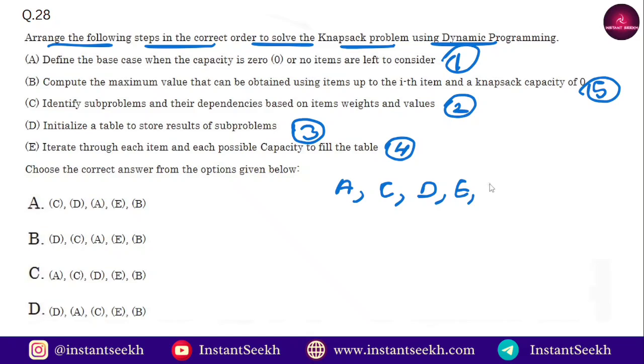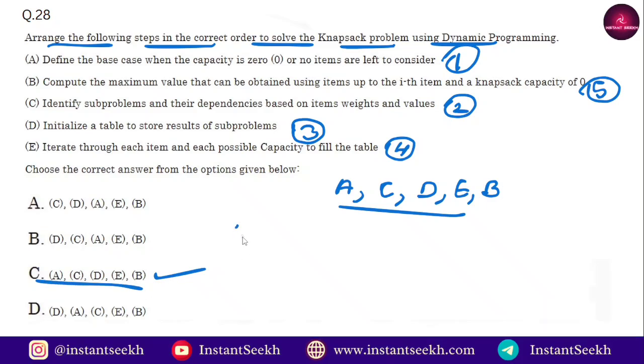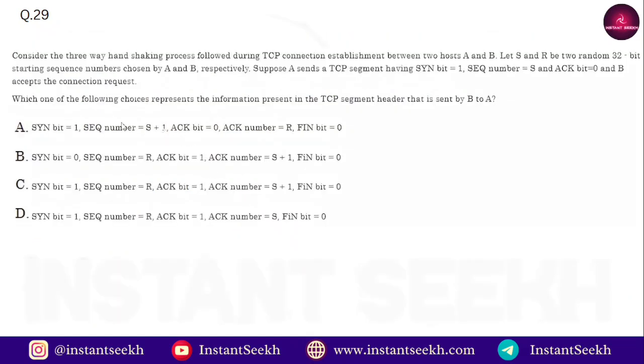Then fifth is option B, compute the maximum value that can be obtained. So the correct pattern is A, C, D, E, B. That is option C, your correct answer for this question. Let's move on to the next. Next, question number 29.